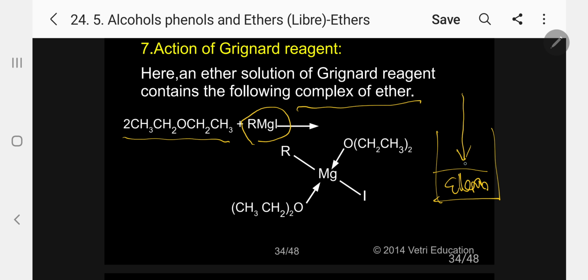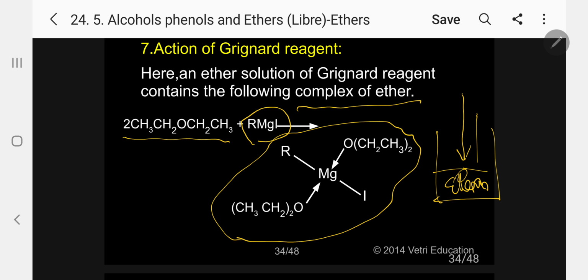From the outside, the alkyl halide is added while stirring. When we are stirring this, that will form a complex. So the Grignard reagent will be in ether solution. Kindly follow, RMgI. Now in this case, this is one ether, this is another ether. They are linked here. Some lone pair is present, and it is donated to the magnesium. Kindly follow. So this is the form of the complex ether.